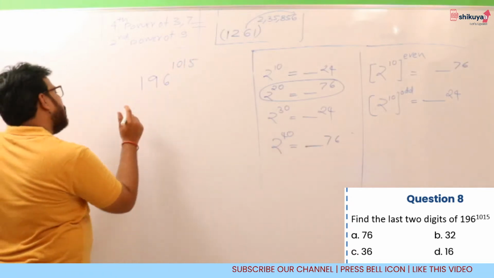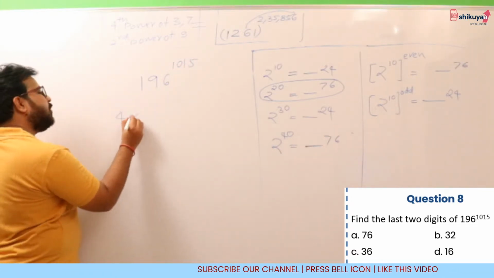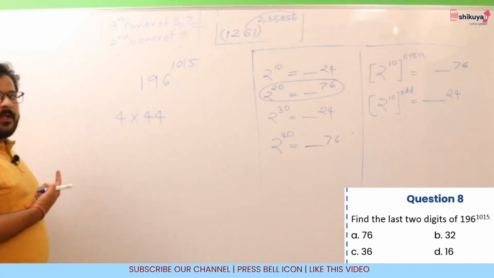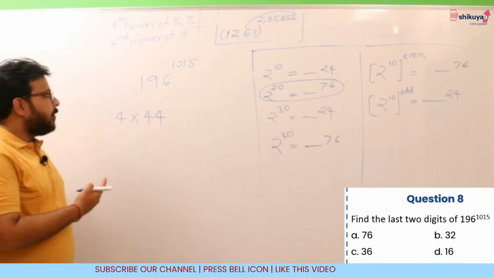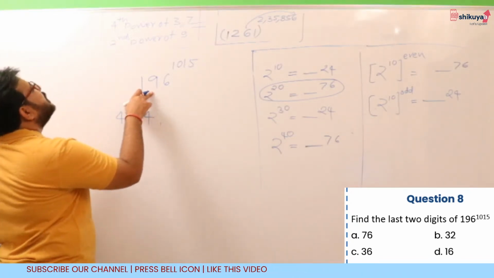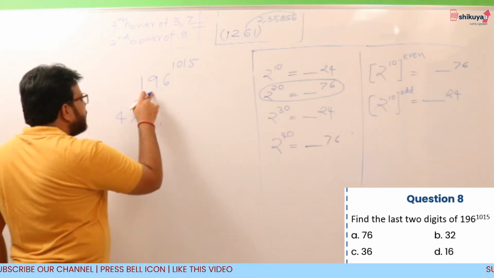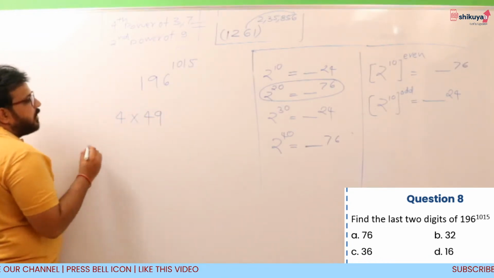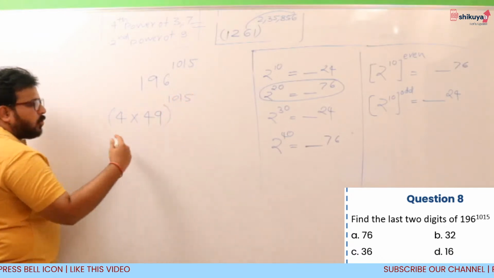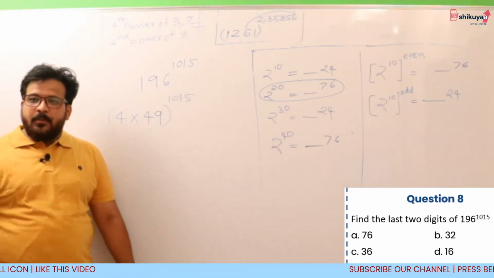I think this is 4. So 4 into 4, 4 fours are 16. Probably I am right. Is it 16? No, no. 4 fours are 16. So remaining is 3. So it has to be 49 raised to 1015. I'm not going to solve this problem completely because now you are able to do it.